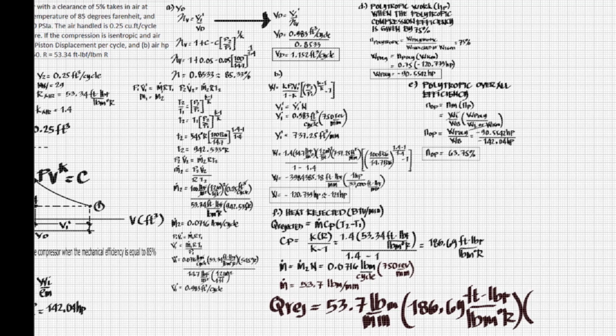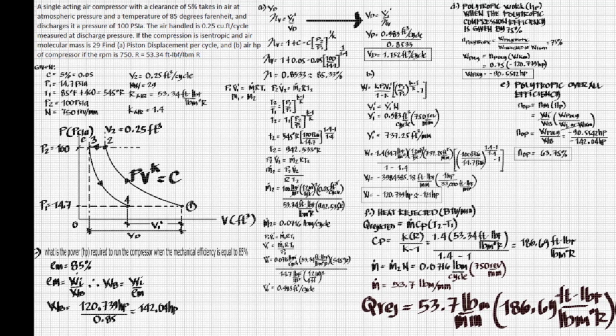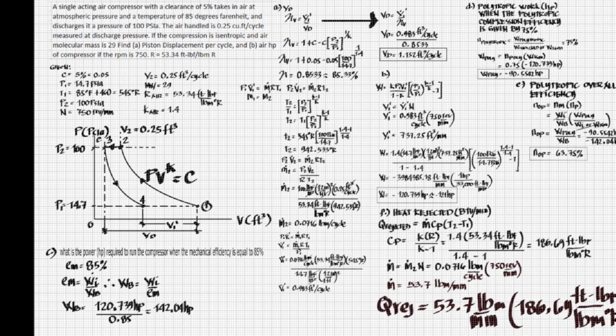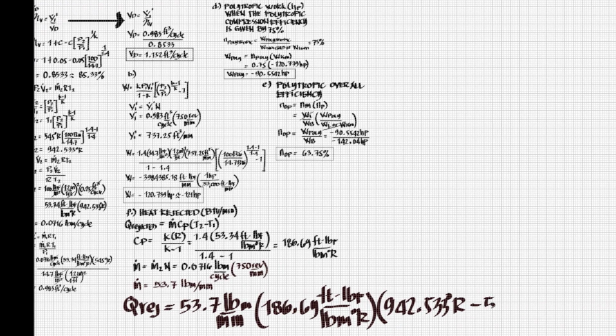Where my point 2, which is given in the problem, we computed the temperature at point 2, that is 942.533 degree Rankine, minus my initial temperature, which is 545 degree Rankine. Okay.